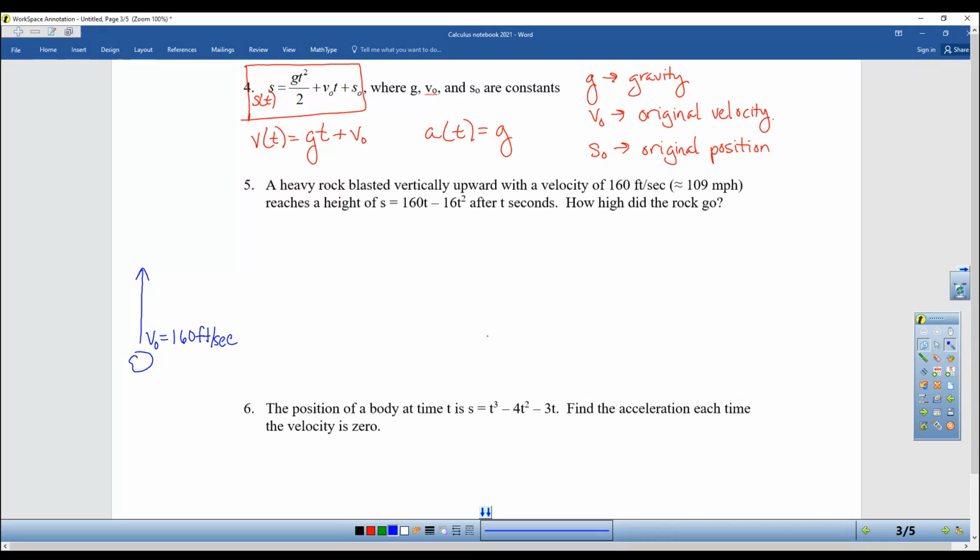It reaches a height of S is equal to 160t minus 16t squared after t seconds. So this is a great formula. This tells me its height at any moment in time. So if I say S of 1, that means after 1 second, how high is it?